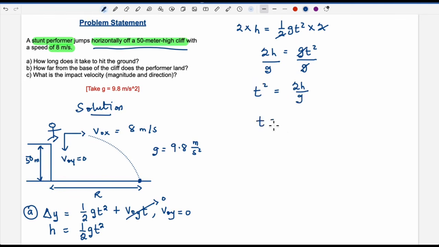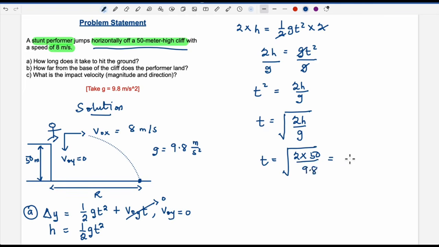Now t is going to be the square root of 2h over g. We can find the fall time as t equals the square root of 2 times 50, which is our h, divided by g, which is 9.8.